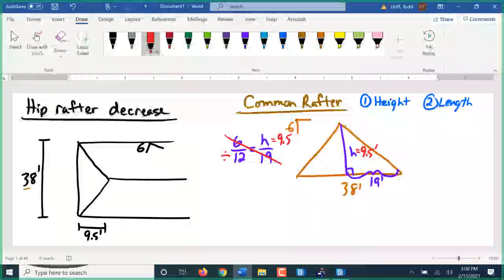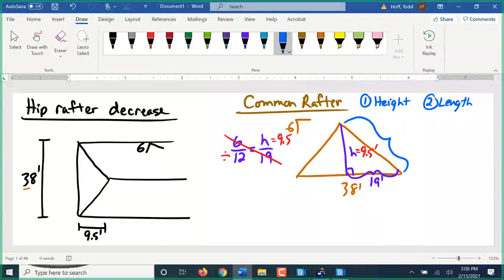Now I don't need to convert that into feet and inches because all I'm going to do is use that to find the length of the common rafter. Right here. How do I find that length? Perfect. 19 squared plus 9.5 squared, and then we take the square root of that.